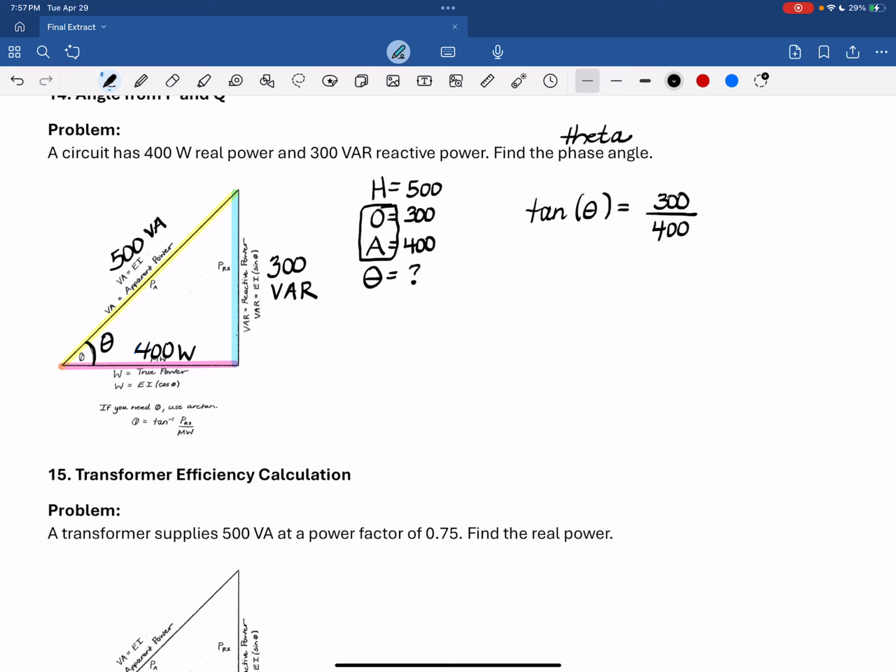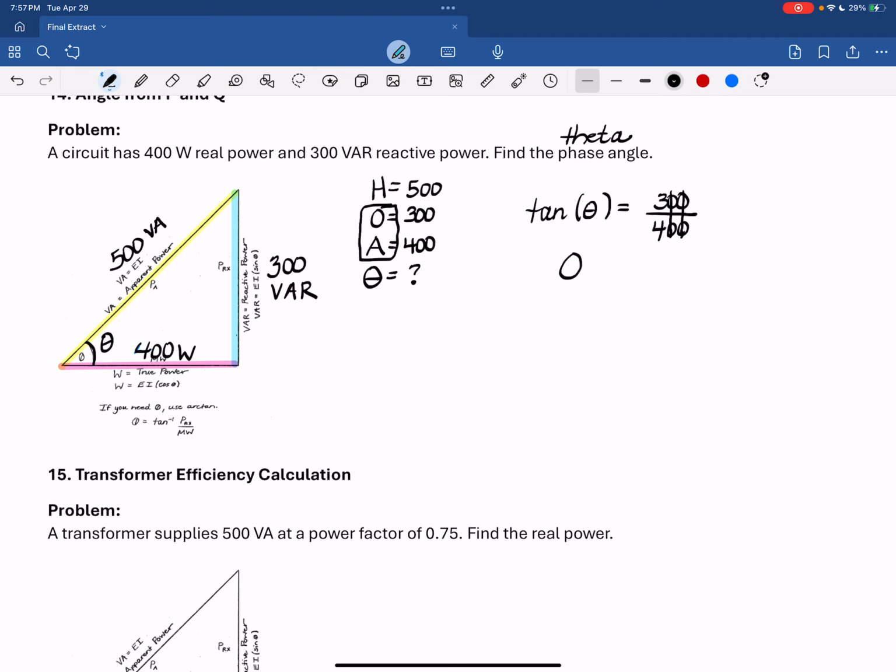And this is where we have to use arctan. Let me slow down. Your calculator will do arctan. We can cancel some zeros and get this down to 3/4.